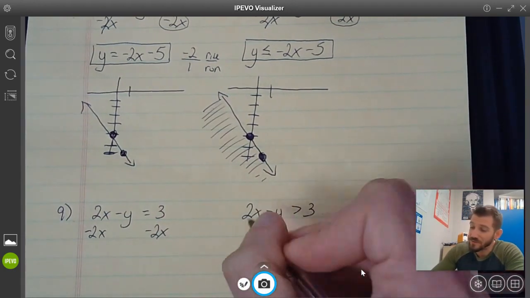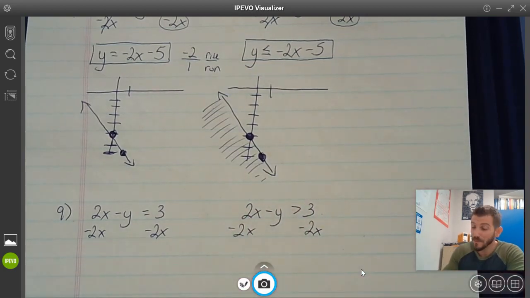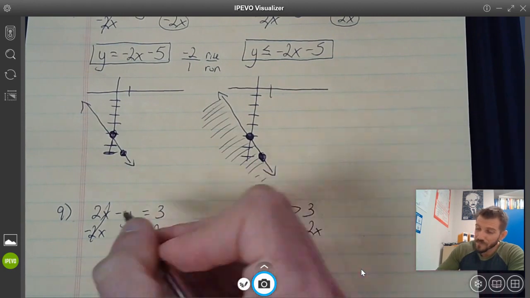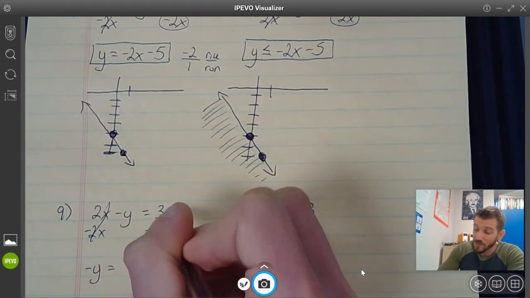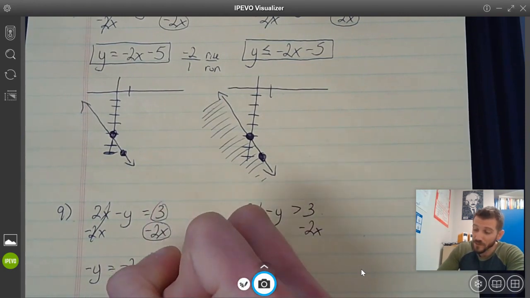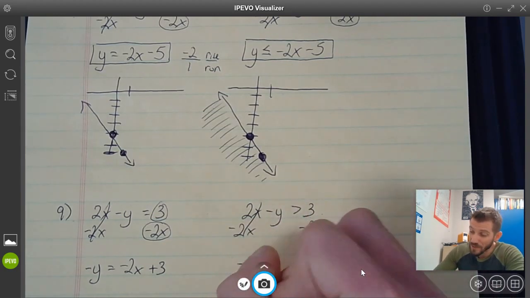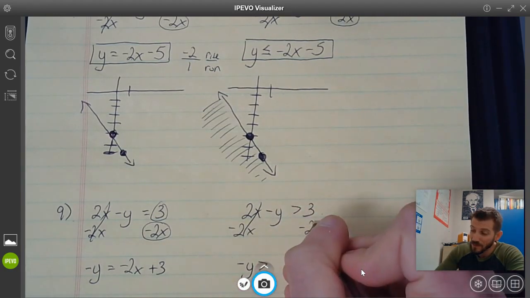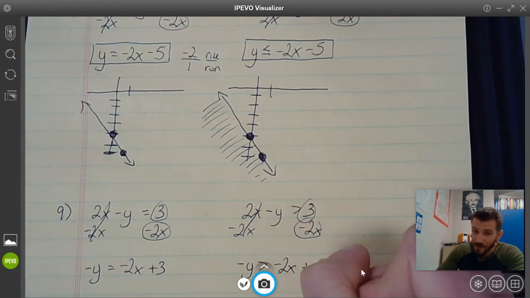Let's go ahead and solve them both at the same time. Let's just subtract 2x. So I'm left with negative y equals mx plus b, negative 2x plus 3. Same here, negative y is greater than negative 2x plus 3.